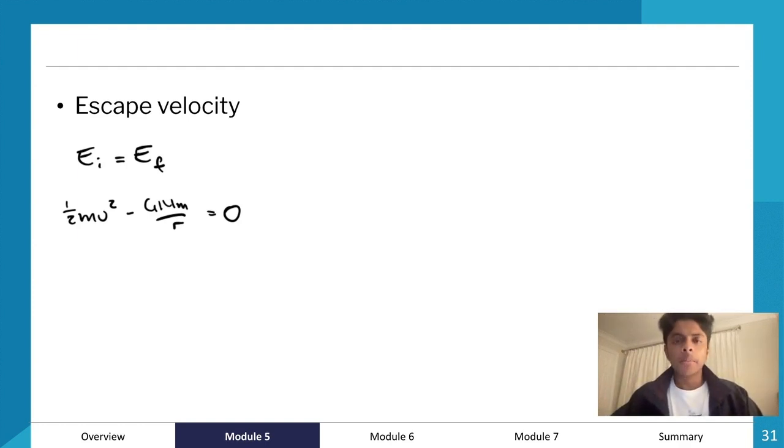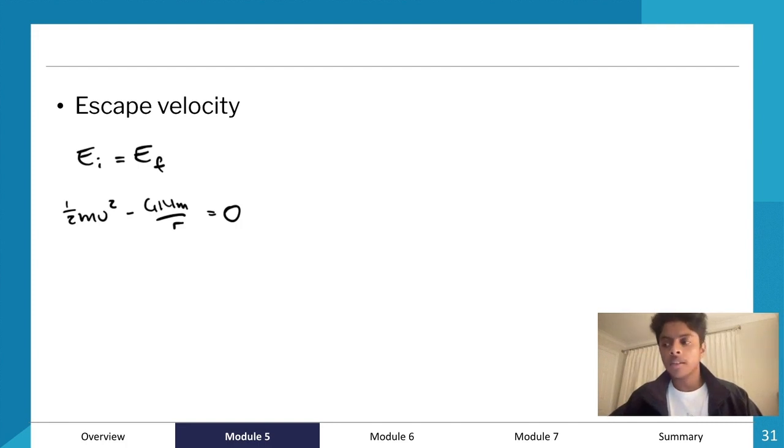Because it's the minimum velocity, the moment it finally escapes the gravitational field, it will basically run out of speed. It uses up all of its energy to leave the field.